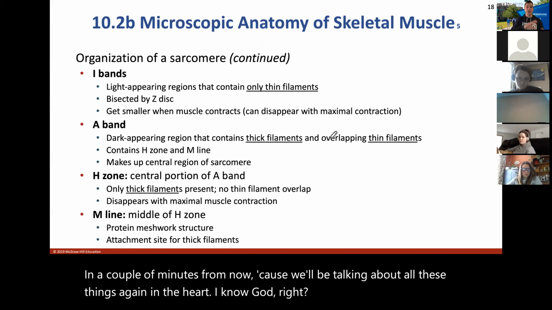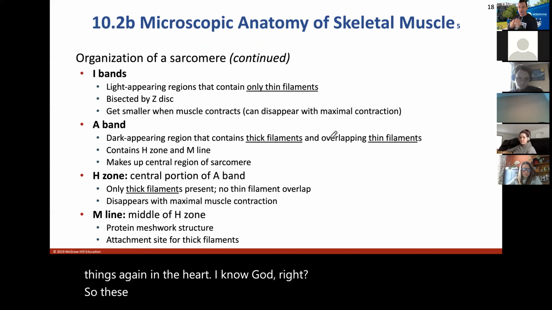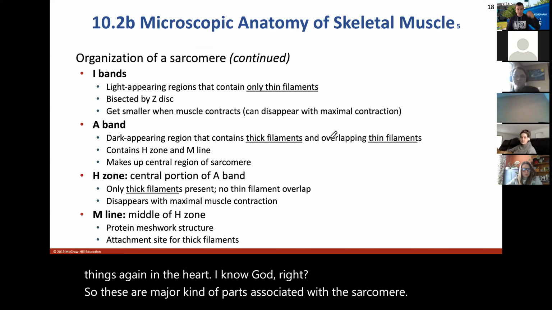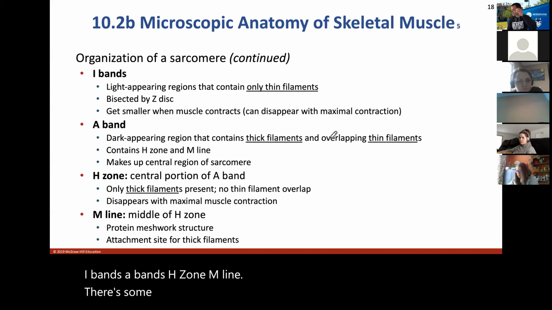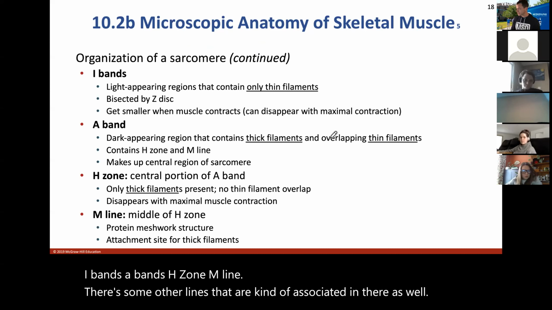So these are our major parts associated with the sarcomere: I bands, A bands, H zone, M line. There are some other lines associated in there as well, but these are the major ones.